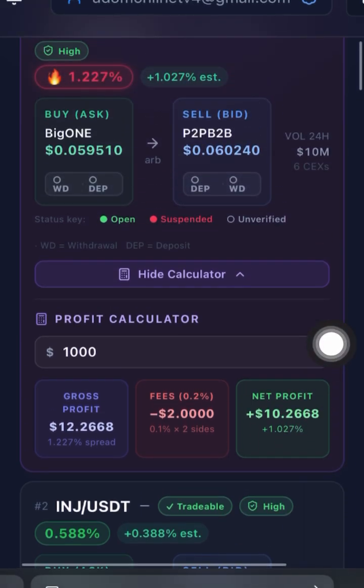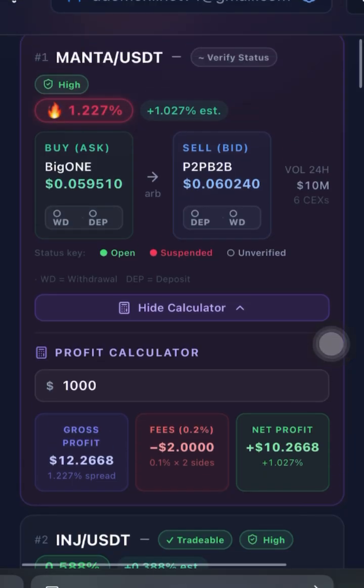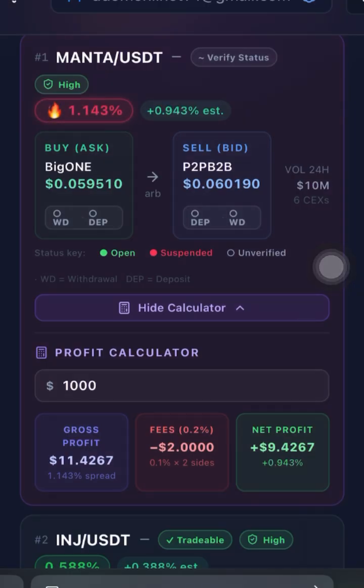Just enter the amount you want to trade with and it calculates everything for you. It's very high, the tradable volume, because the 24 hour volume is around $10 million.